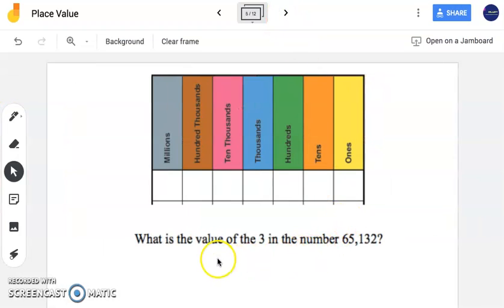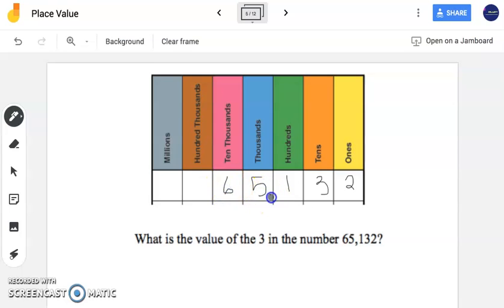In this problem here it says what is the value of the 3 in the number 65,132? Now the first thing I'm going to do is place that number here on my place value chart. So in my ones place I have a 2, in my tens place I have a 3, in my hundreds I have a 1, my thousands I have a 5, and my 10,000s I have a 6.